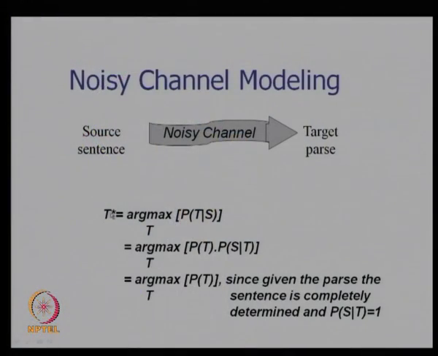So, this produces an interesting expression. T star, the best possible parse tree, is nothing but the tree with the highest probability, which is intuitive. So, get the sentence, get all its parse trees, and the tree which has the maximum probability is the best possible tree.